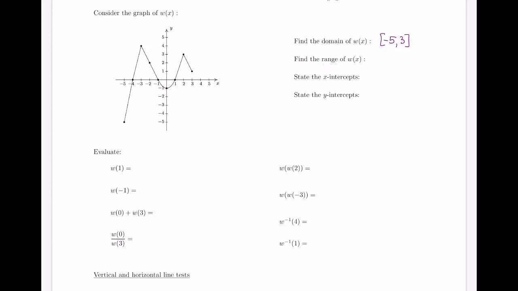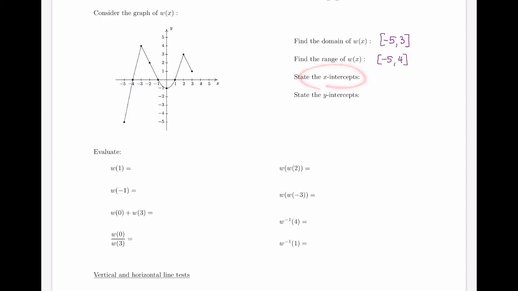Range are all the possible y values, and so in thinking in terms of y, or the height, we can see that the lowest the graph is at -5, and the highest it is at 4, again including the endpoints, because those points are actually included on the graph. So the range is between -5 and 4.